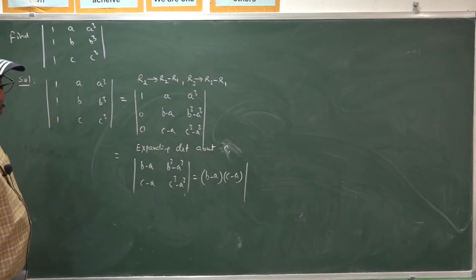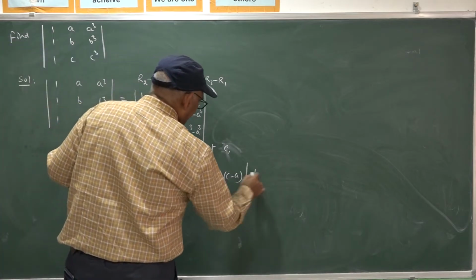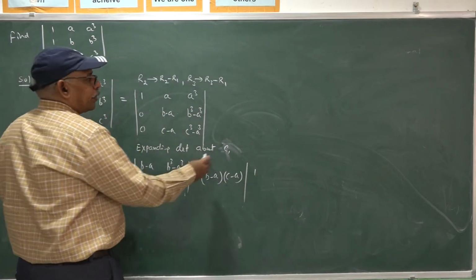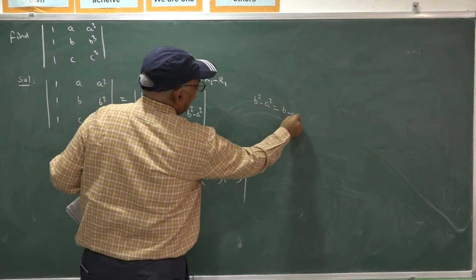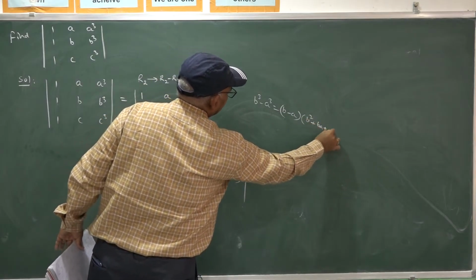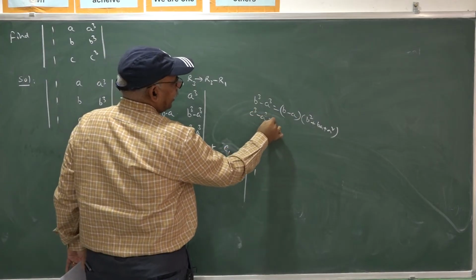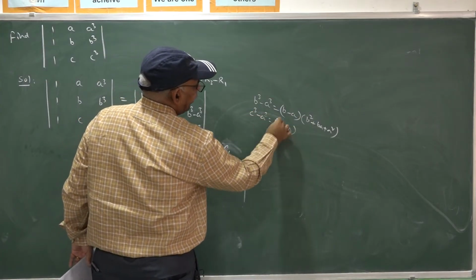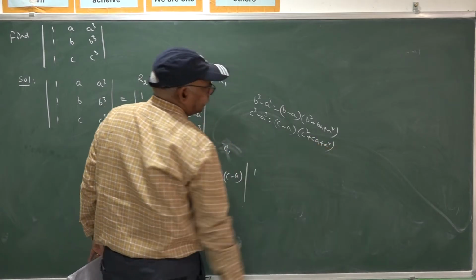we get 1 here, and B cube minus A cube. B cube minus A cube is B minus A into B square plus BA plus A square. Similarly, C cube minus A cube equals C minus A into C square plus CA plus A square.